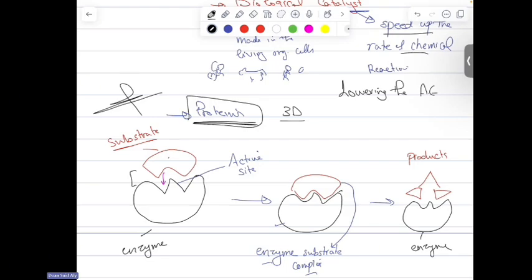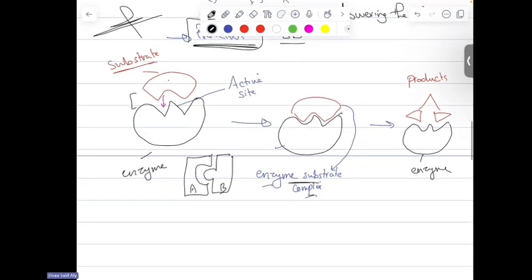The puzzle pieces don't have the same shape, they have a complementary shape. These are the pieces of the puzzle, piece A and piece B. So they bind together. After binding, what do they form? They form enzyme substrate complex. Then, by the end of the reaction, the products form and leave the active site of the enzyme, and the enzyme catalyzes another chemical reaction.